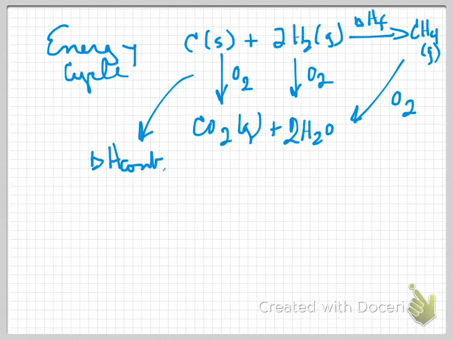And I could use these in the same type of Hess's law by looking up the equation to get the heat of combustion of methane. Right, so using the heat of formation of methane and the heats of combustion for carbon and hydrogen, I can get the delta H of combustion for methane. I hope that's somewhat clear.